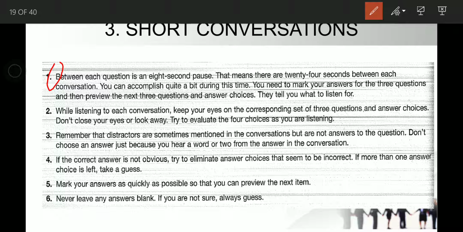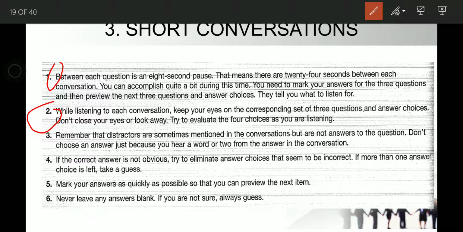Maybe this is another important tip. While you are listening to the conversation, please take a look at the questions, at the items. For example, the conversation is for number 1 until number 3. So you have to take a look at questions number 1 until number 3 while you are listening to the conversation.